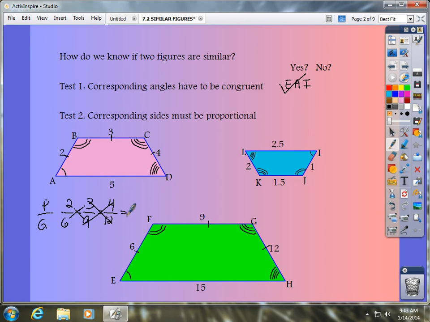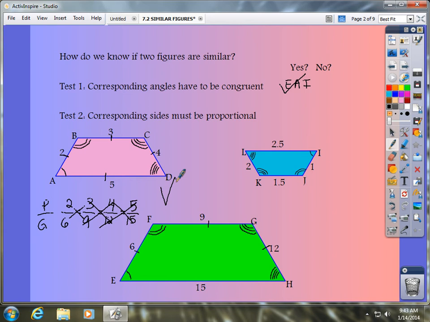Finally, the bottom base, we have 5 and we have 15. 4 times 15 is 60, and 5 times 12 is 60. So they're equal. All of the sides are proportional. So because their angles are corresponding and their sides are proportional, those two figures are similar.